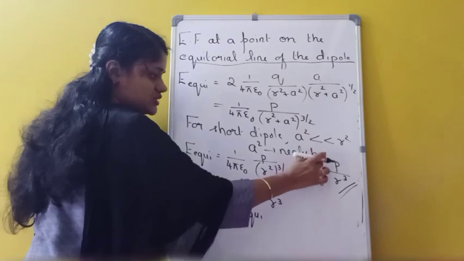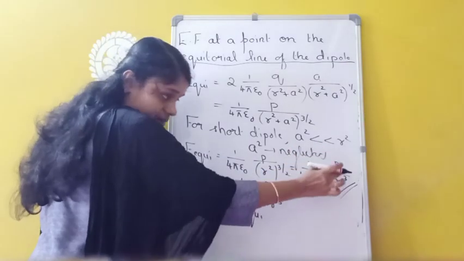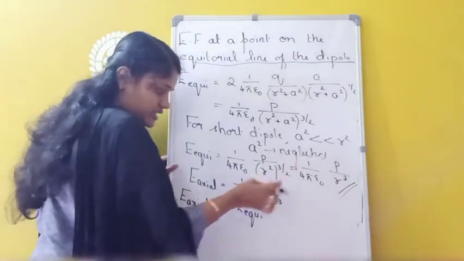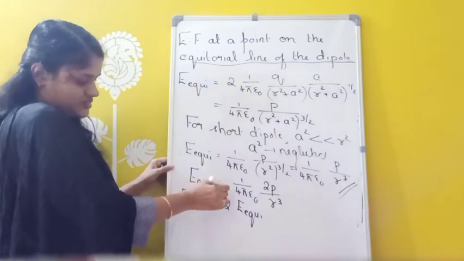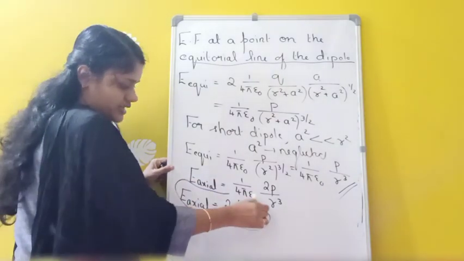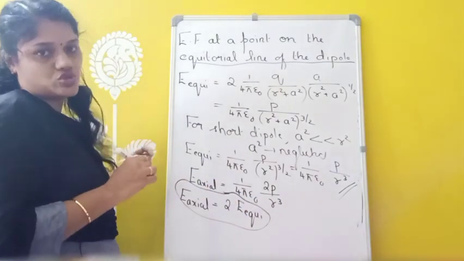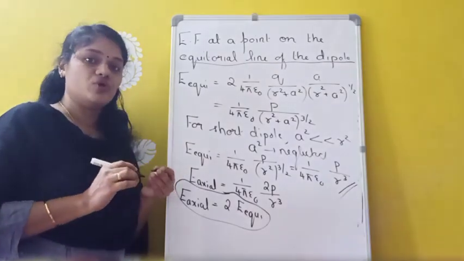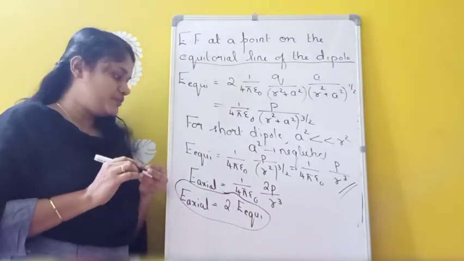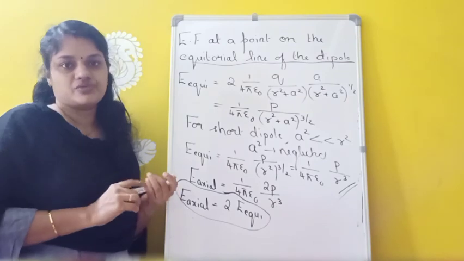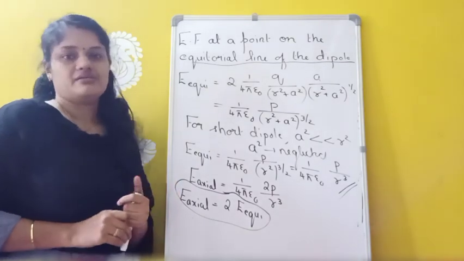If you multiply equatorial by 2, you get E axial. That means the electric field is more at the axial point compared to the equatorial point. Okay, the remaining in the next video.